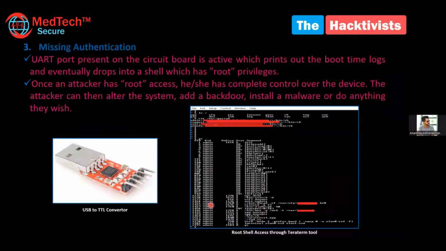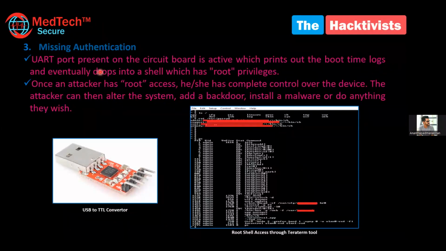Another one is missing authentication. Here you can see a USB to TTL device, which is generally used for performing the UART test case. If you remember, we have discussed the UART protocol, which has transmitter and receiver points.